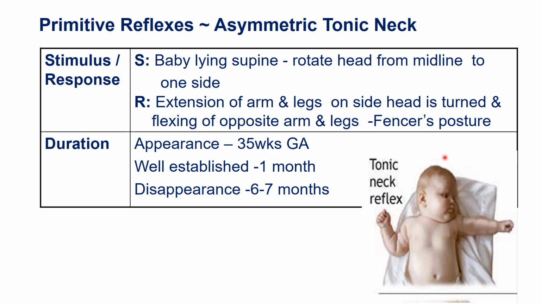This is a fencer's posture, so it is also known as the fencer's reflex. The appearance is at 35 weeks of gestation, well established by 1 month, and disappearance is at 6 to 7 months of age.